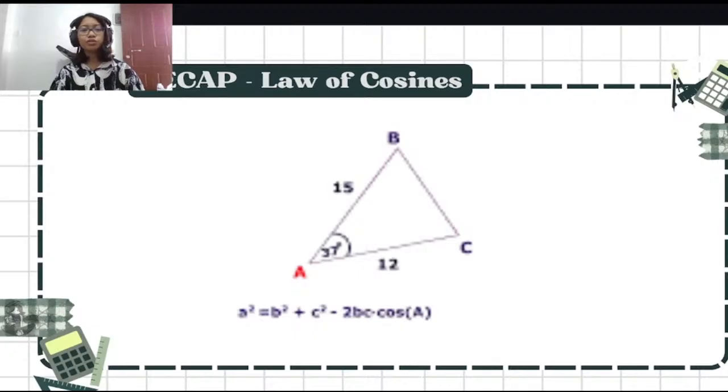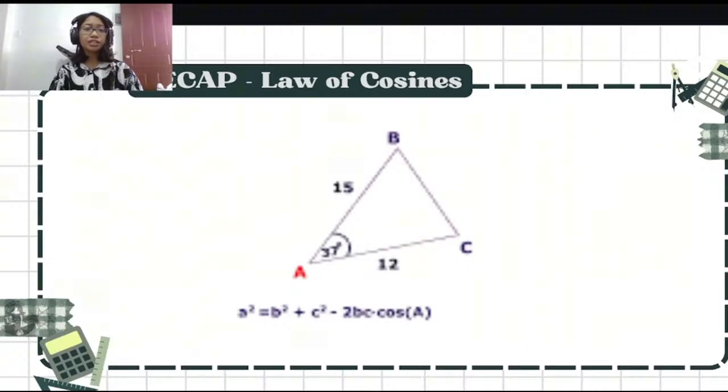Before we move on to circles, let's briefly recap the law of cosines, which we just discussed. The law of cosines is used to find a side or an angle in a triangle that is not a right triangle, meaning there is no 90 degrees angle.